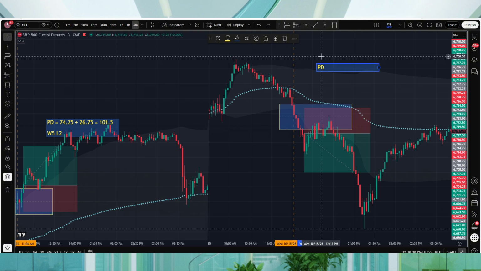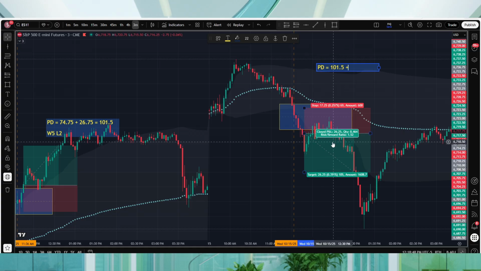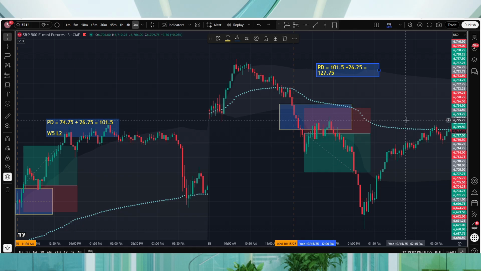So PD equals 101.5 plus 26.25 is 127.75. 127.75.